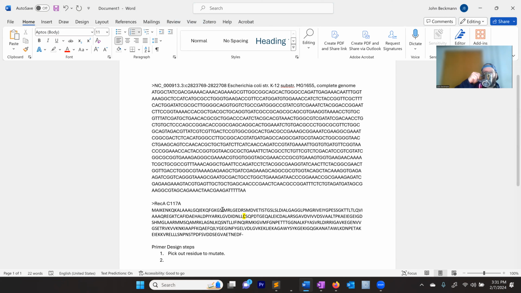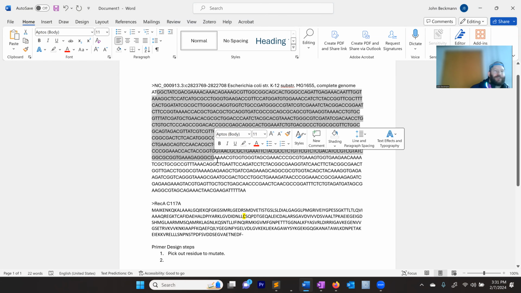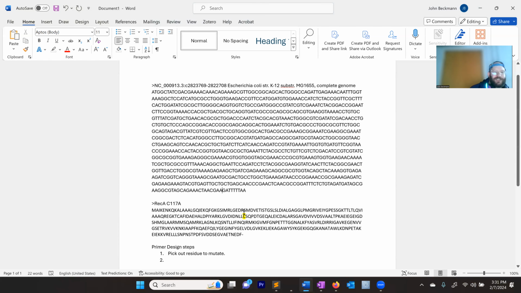Take a guess. So what you want to say is we want to find the codon. Yes. I've already converted it to nucleotides up here. But the question is, where is the codon that codes for that cysteine? So how do you find that?